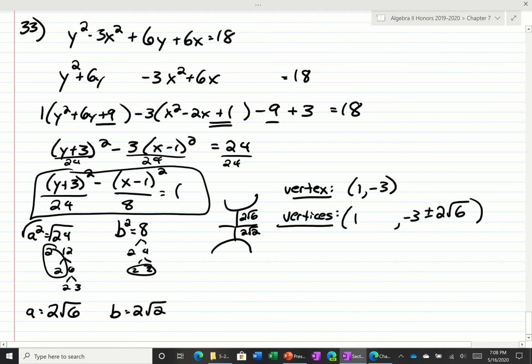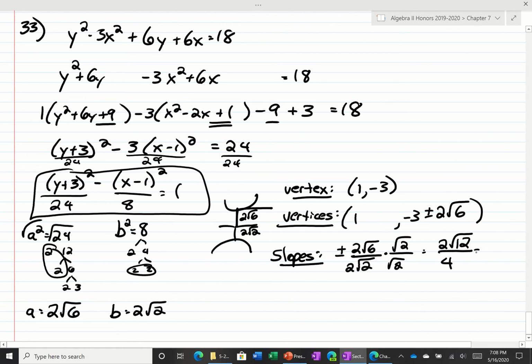What else do they want? Slopes of the asymptotes. Well, just look. You're going up 2 root 6 over 2 root 2. We can't have a radical in the denominator, so we multiply top and bottom by root 2. And we get 2 root 12 over 2 root 4.